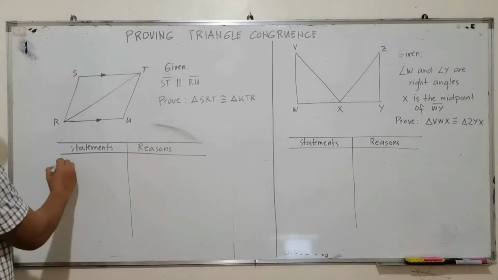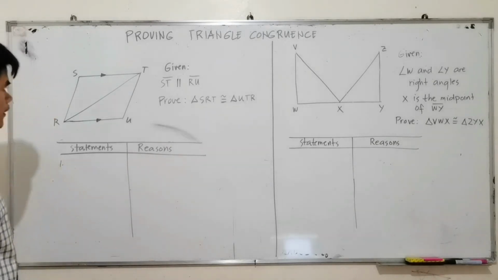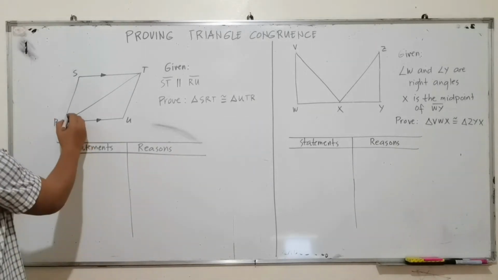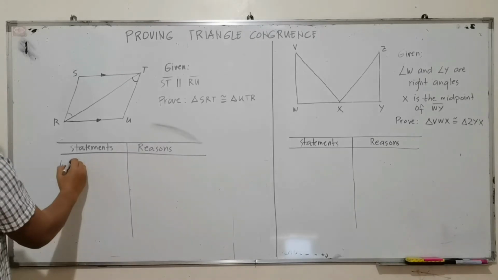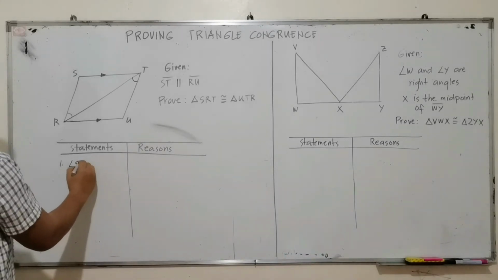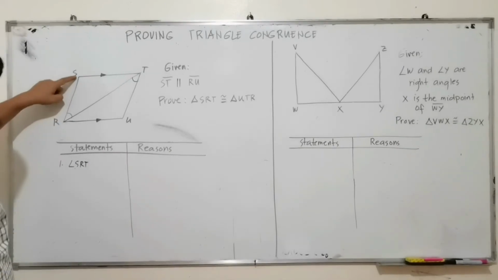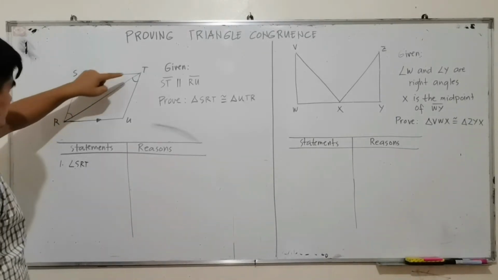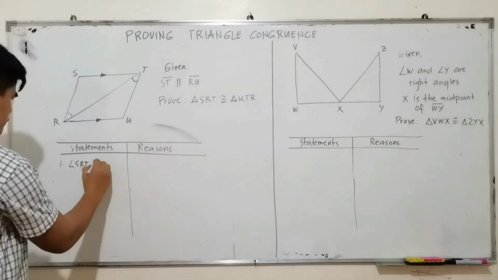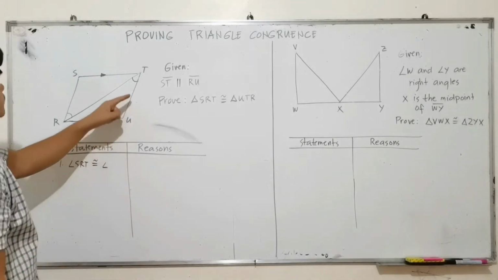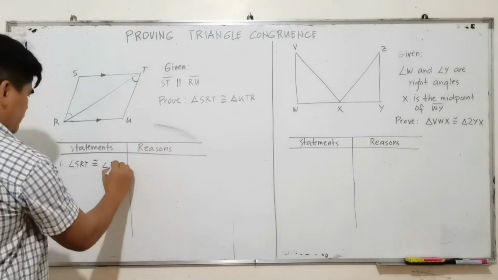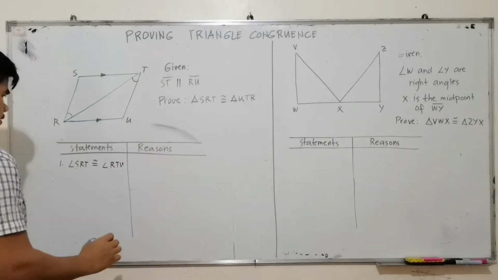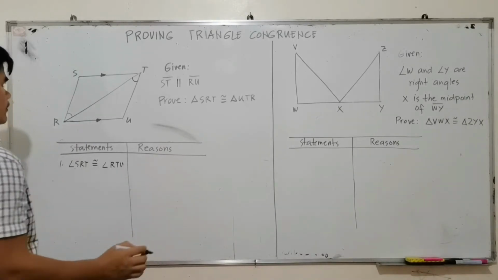First, we are going to have angle R congruent with angle T. So we have angle SRT, that refers to this angle, is congruent with angle RTU.